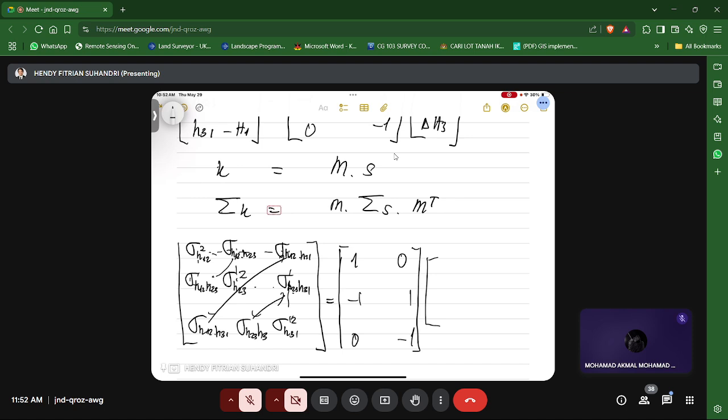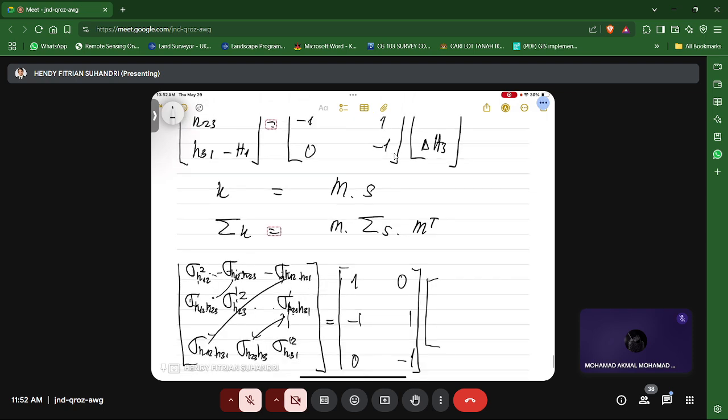Apa dia? Sigma H2 dan sigma H3 square. Ini di sini adalah covariance sigma H2 dan H3. Di sini pun sama, H2 dan H3, dikalikan dengan M ni transpose.